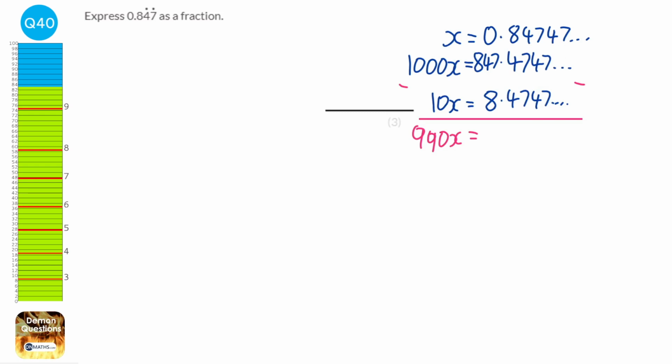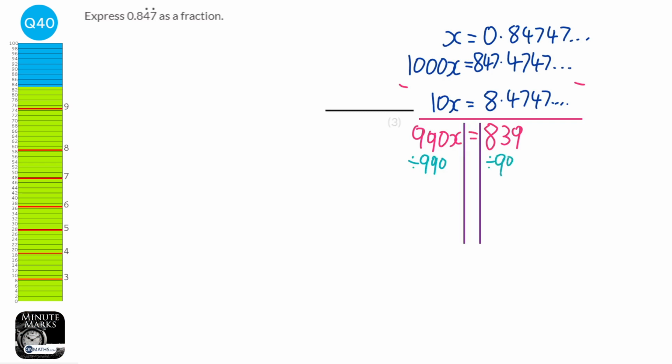So 847 take away 8 is 839. And now I'm just going to put my lines in. And so what I'm going to do now is just divide both sides by 990. And so on the left hand side we've got x, and on the right hand side we have 839 divided by or over 990. So as a fraction it's going to be 839 over 990.